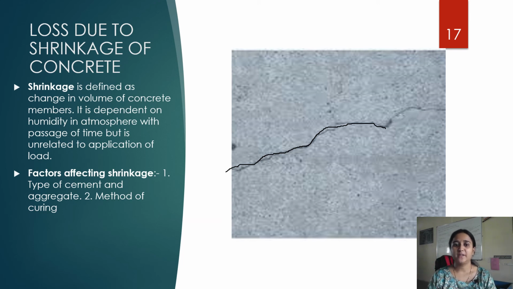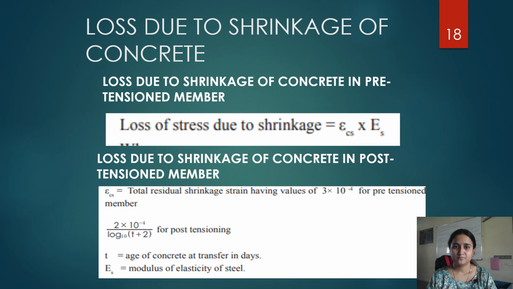Factors affecting shrinkage are type of cement and aggregate and method of curing.